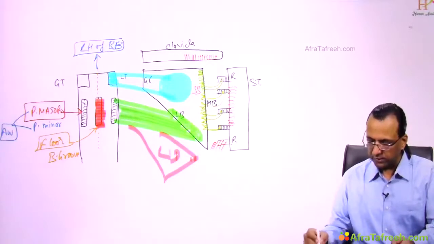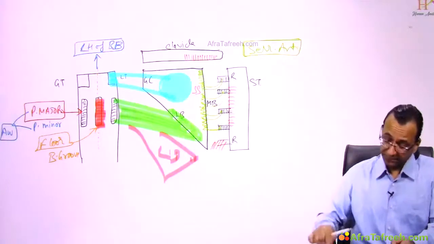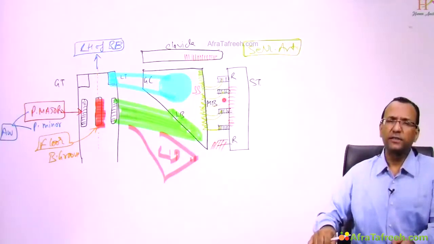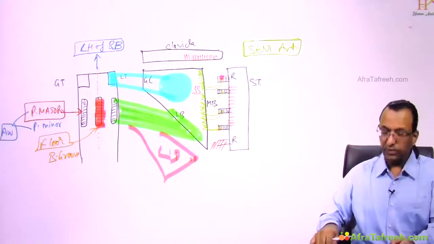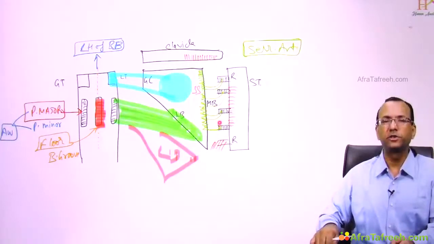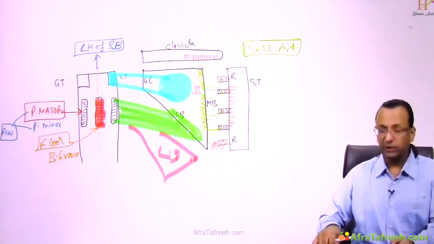The serratus anterior takes origin from the anterolateral surface of the upper eight ribs and inserts on the medial border of the scapula.